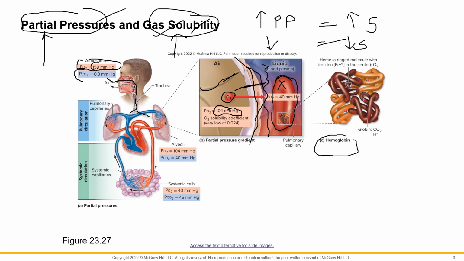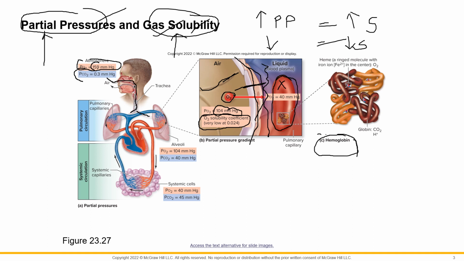It is not going to travel directly through blood plasma because oxygen has a very low solubility coefficient. Gases that have a higher solubility coefficient can travel as gases in liquids. Gases with lower solubility coefficients have to be transported through transport molecules. Because oxygen has a lower solubility coefficient, it is going to enter your red blood cell, or erythrocyte, and be transported via hemoglobin.